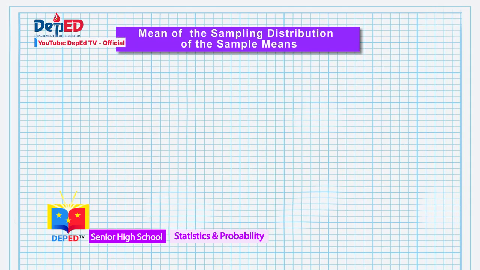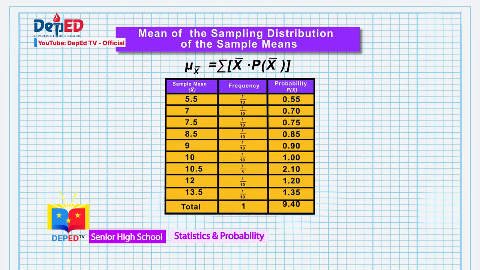For the sixth step, compute the mean of the sampling distribution of the sample means using the given formula. We need to get the sum of the products of each sample mean and its probability. Now that we have the product, let's key in the values in our calculator. We have the products of 0.55, 0.7, 0.75, 0.85, 0.9, 1, 2.1, 1.2, and 1.35.